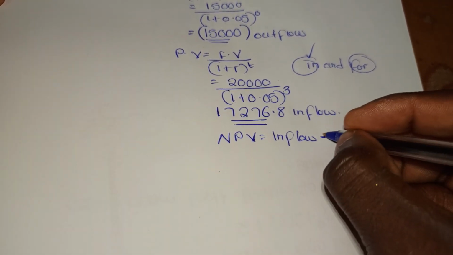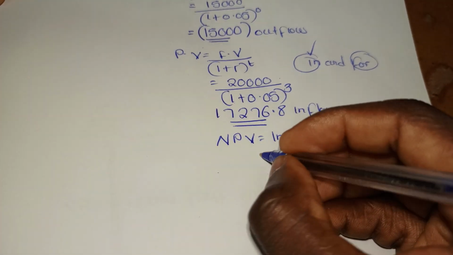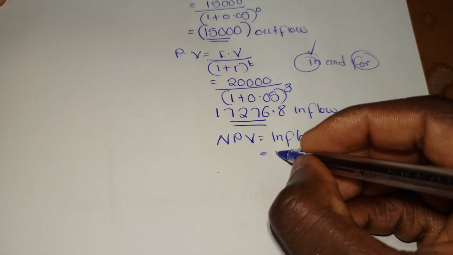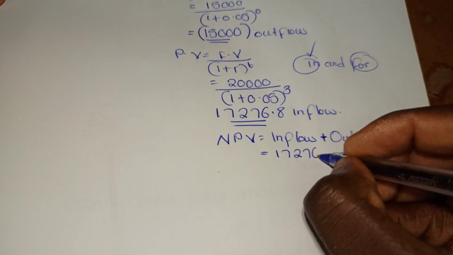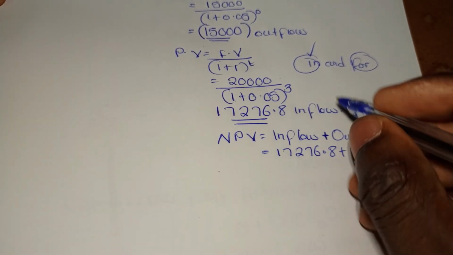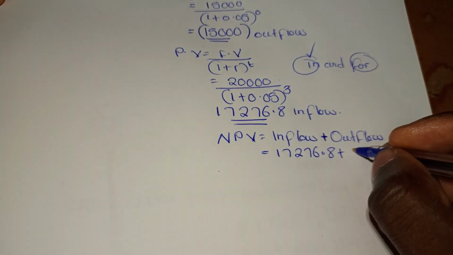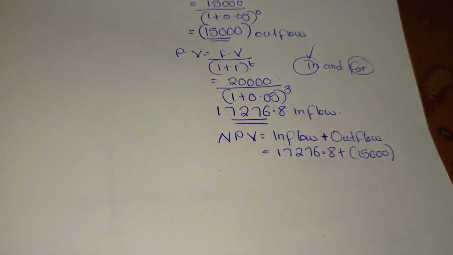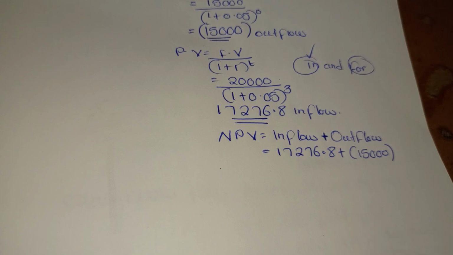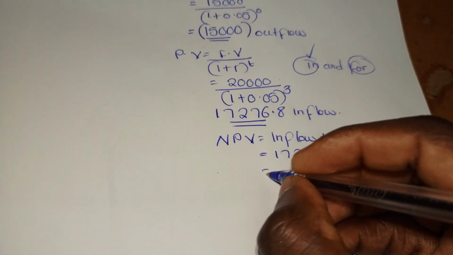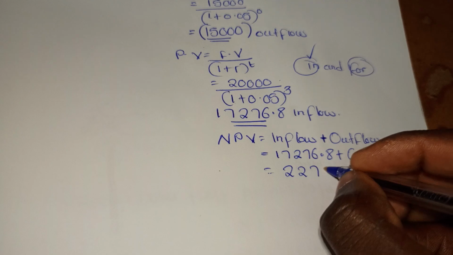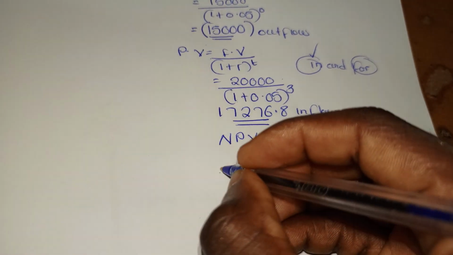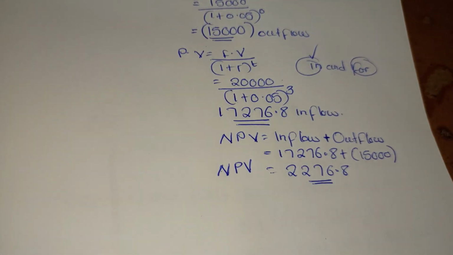So sorry, not minus, we'll just add the two, where the inflow is 17,276.8 plus, remember this is negative, so negative 15,000. When you add the two, 17,276.8 minus 15,000, you will get your answer as 2,276.8. So this is the net present value.